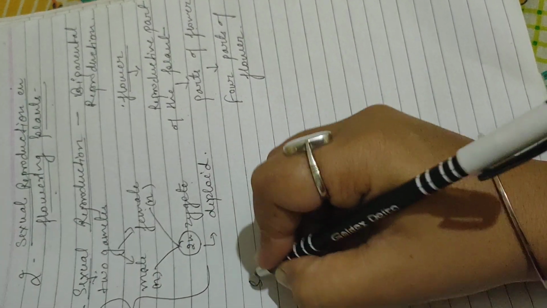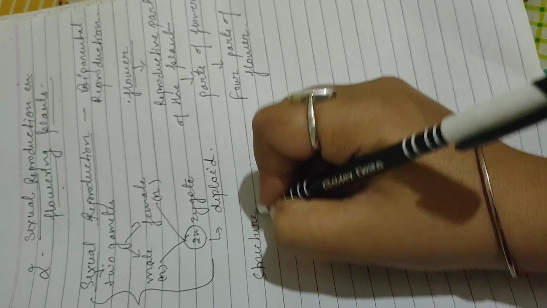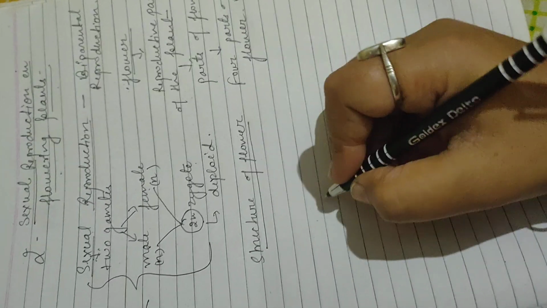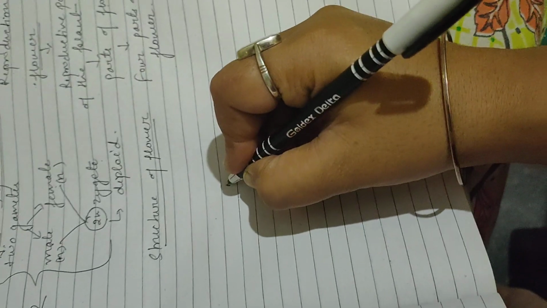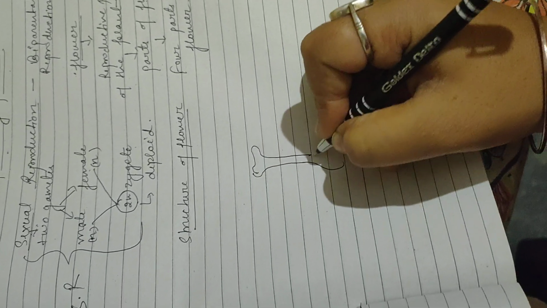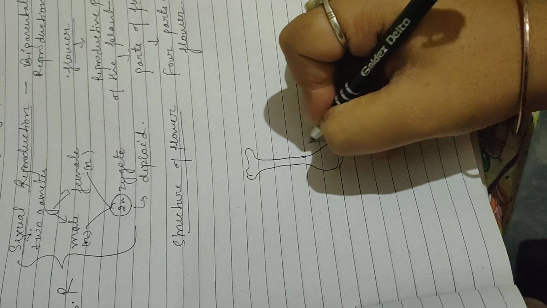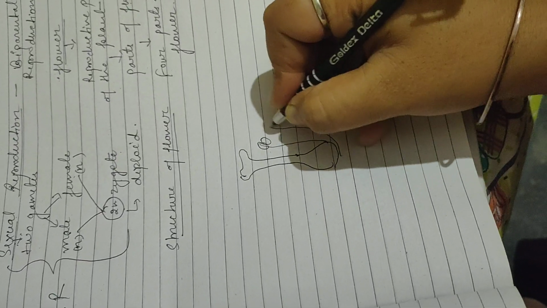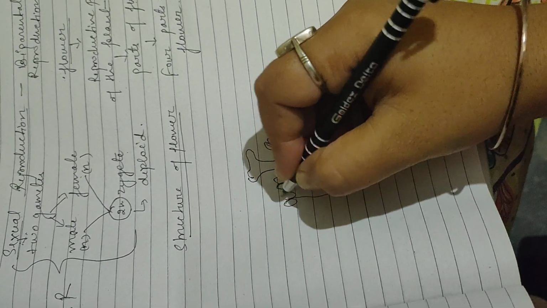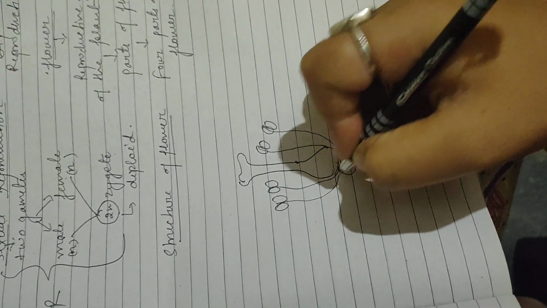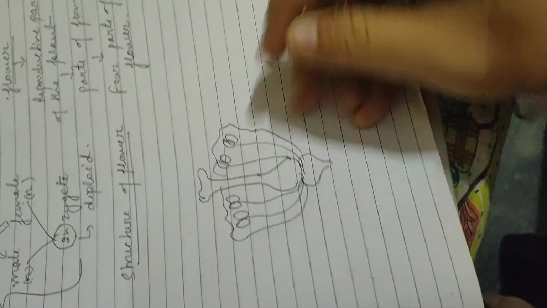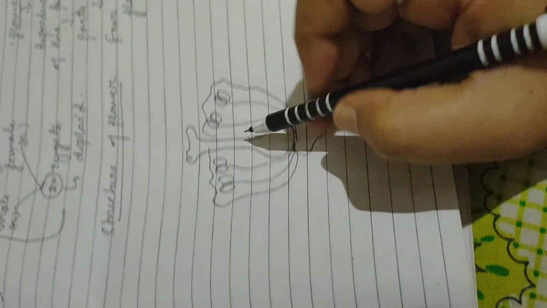Listen, come to the structure of the flower. This is the structure of the flower. Now I will brief you.